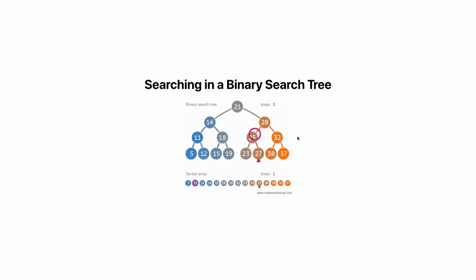Here's a really good comparison. Down here, this is the sorted array, and this is the iterative example, where they're looking for the number 27, and if they had to iterate through everything, it would take 10 steps to get there. Versus if you were using a binary search tree, or the concept of it at least, you're basically splitting this in half over and over again.